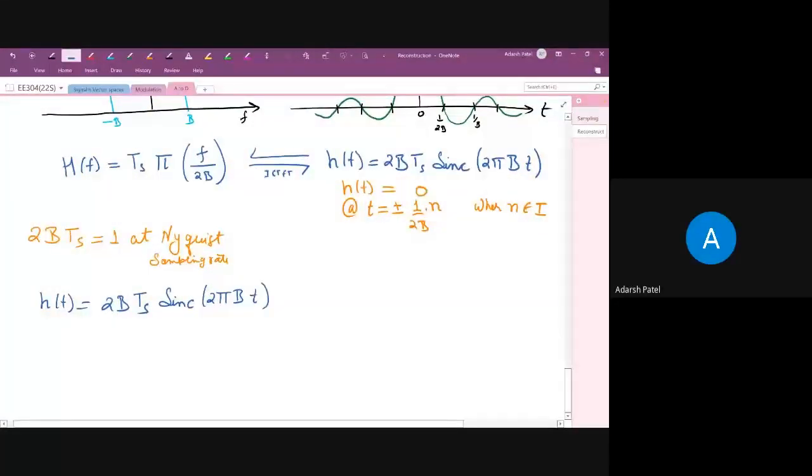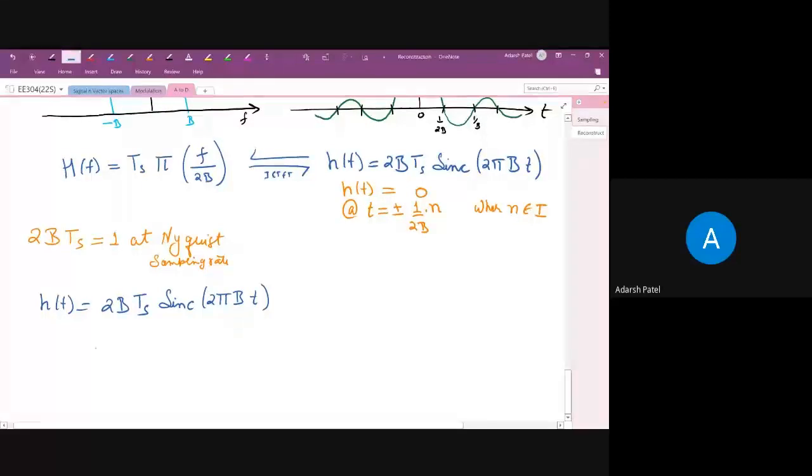If I put 2bTs equal to 1, as we are doing at the Nyquist rate, this becomes h(t) is nothing but sinc of 2 pi b t.